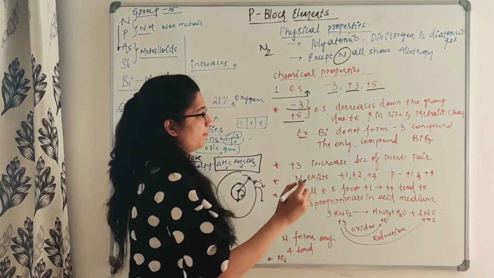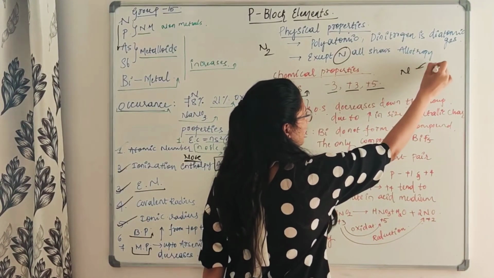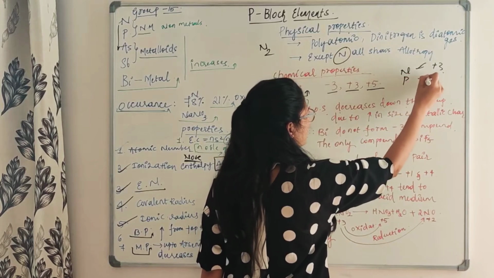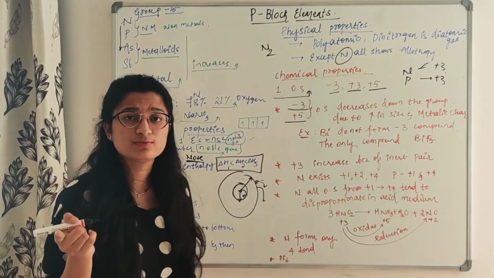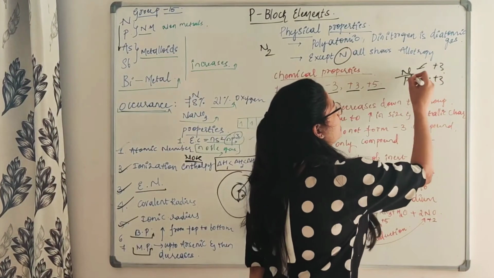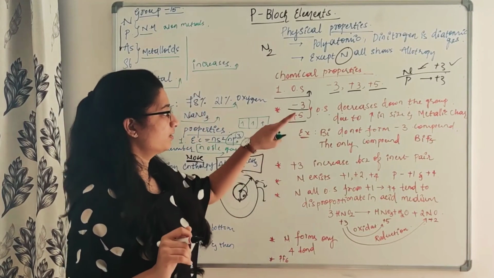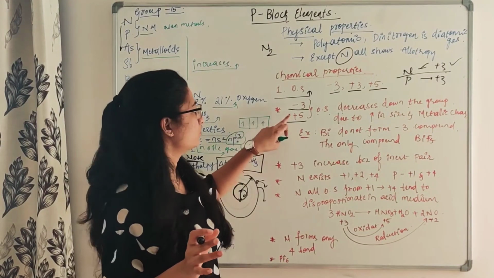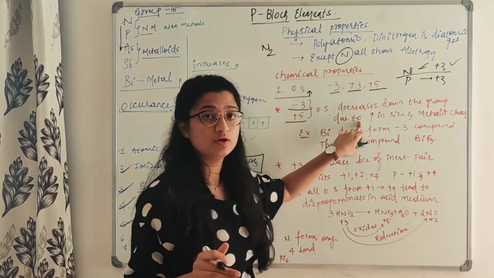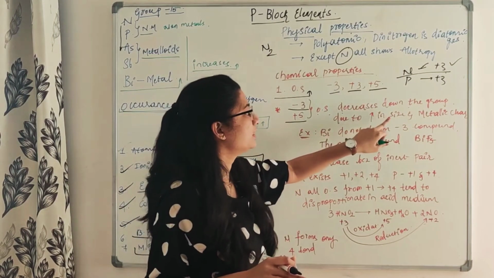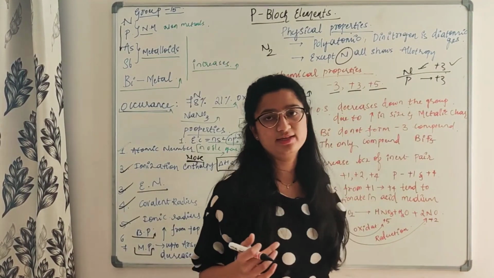For example, if they give you nitrogen with +3 and phosphorus with +3 and ask which one is more stable, you should know that nitrogen is more stable. There is a trend here: the -3 and the +5 oxidation states decrease down the group. Why? Due to the increase in size, and also the metallic character.